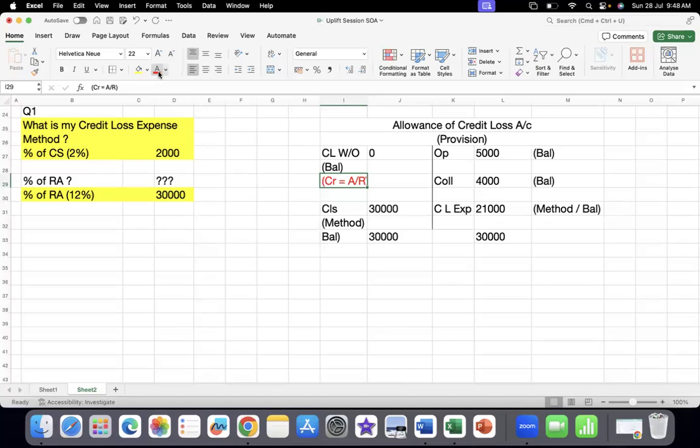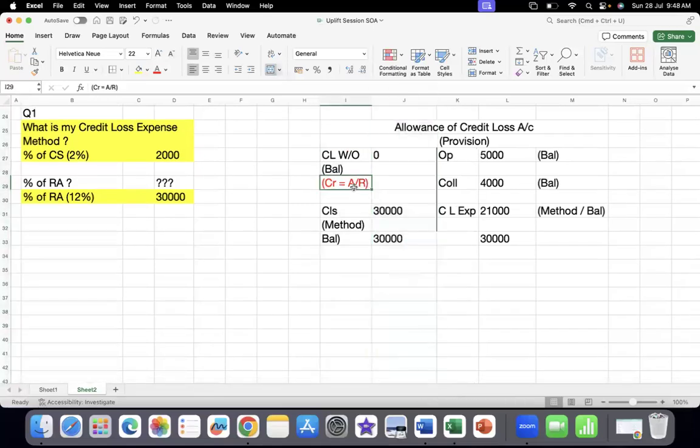That's why in your MCQ, it will ask you in such a way: the company has written off its credit losses. Will it affect your profit and loss account? That would be the question. And your answer should be no. Because when you write off credit losses, it doesn't affect your profit and loss account.